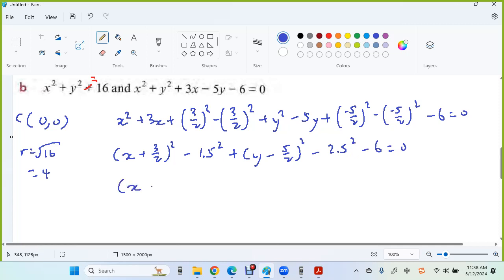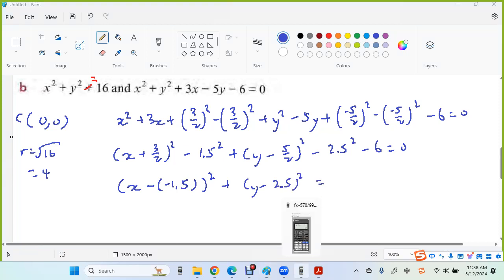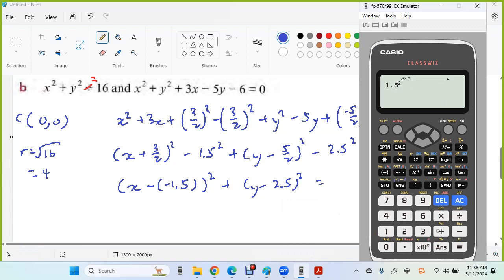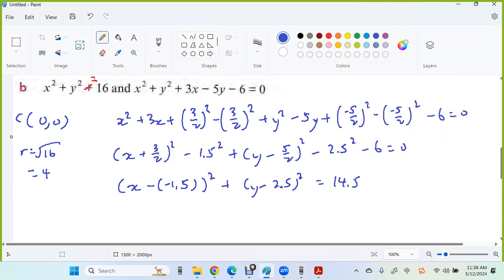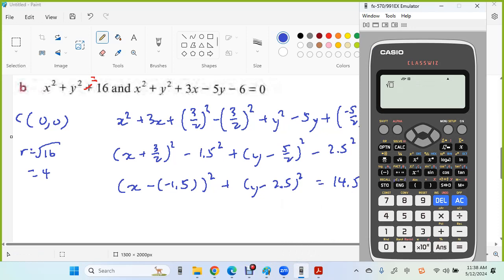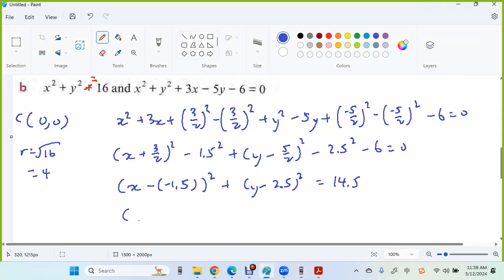So we have (x minus negative 1.5) squared plus (y minus 2.5) squared equal to 1.5 squared plus 2.5 squared plus 6, which is 14.5. If we square root the answer, it is 3.8. So the center is (negative 1.5, 2.5).